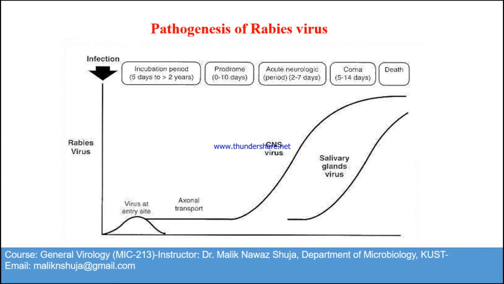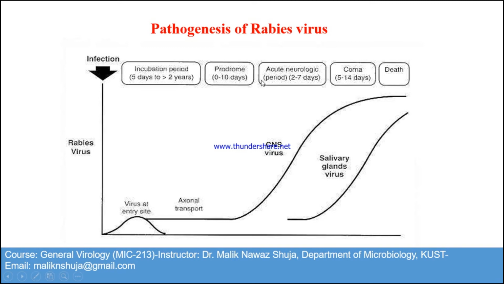So these are basically the symptoms. Like this, rabies virus has its own basic symptoms, and once these symptoms start appearing, it means the virus starts its multiplication and slowly and gradually controls your nervous system.